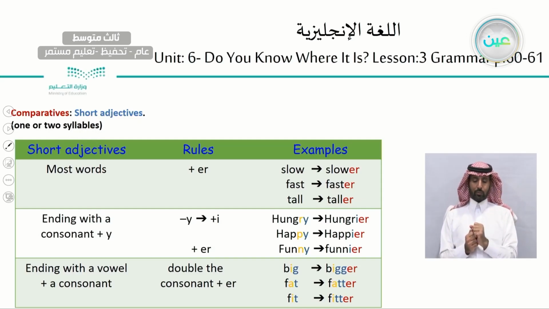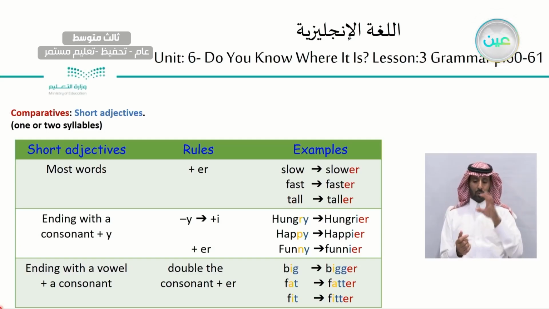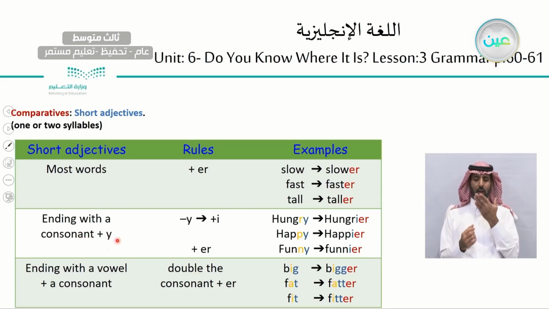Most words we add er, like, for example, slow, it will be slower. Fast, faster. Tall, taller. You can find this in your book. Better write it down with me. And sometimes we have adjectives that end with a consonant and y.